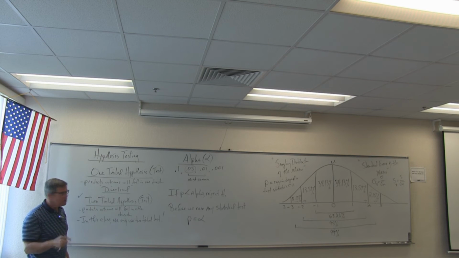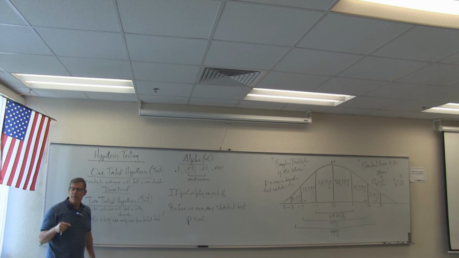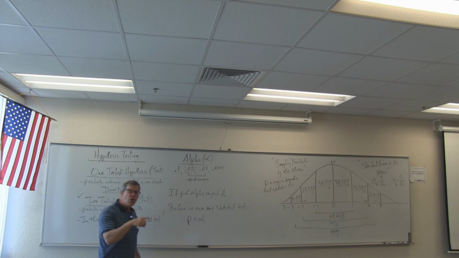It's going to change. Okay? We compute the test statistic. P is going to end up either less than alpha, in which case we would reject the null, or greater than alpha, in which case we would accept the null.